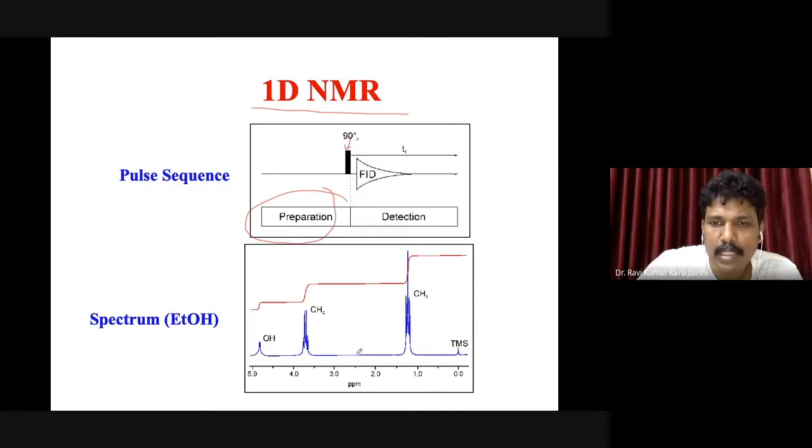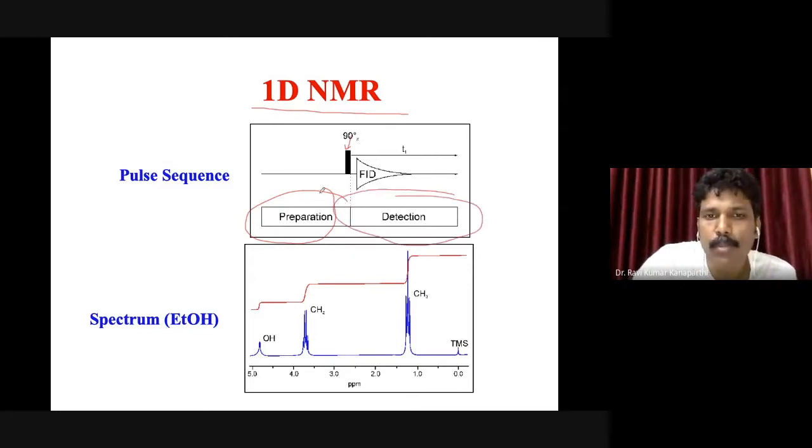This is a simple procedure routinely followed to record the one-dimensional spectrum of any molecule. This is a proton, but you can record any magnetically active nucleus in this manner.